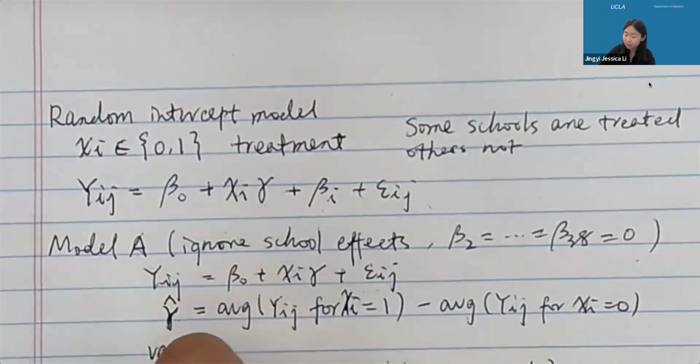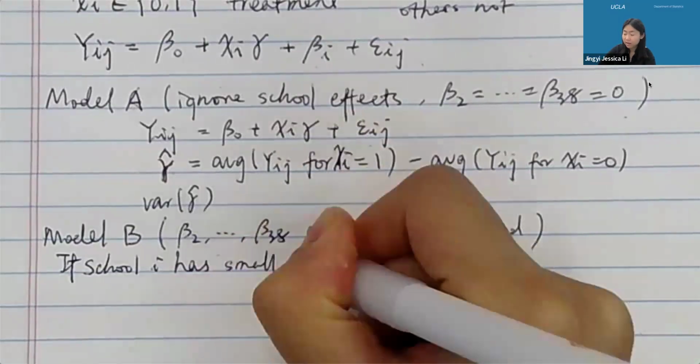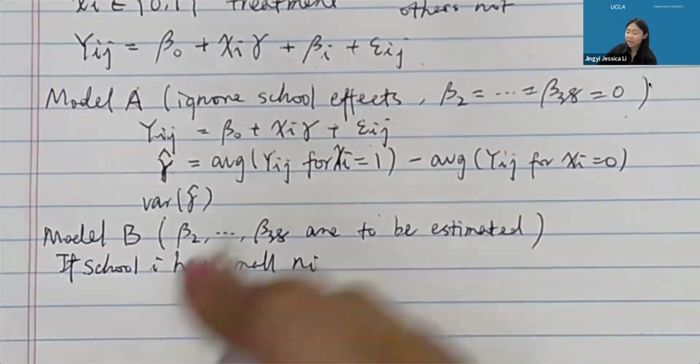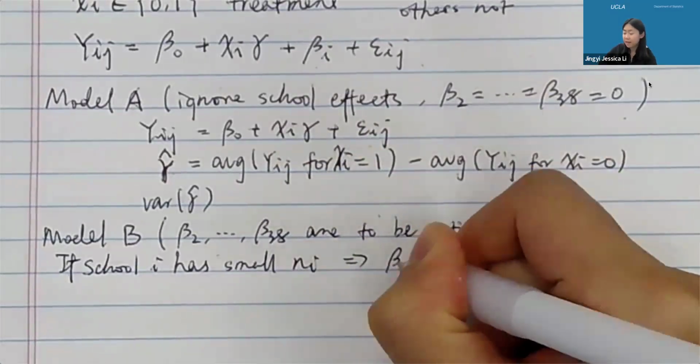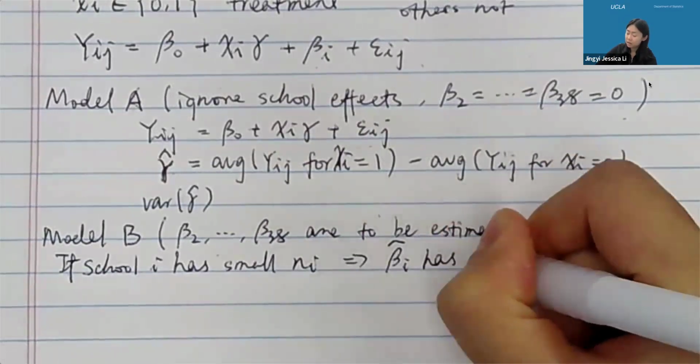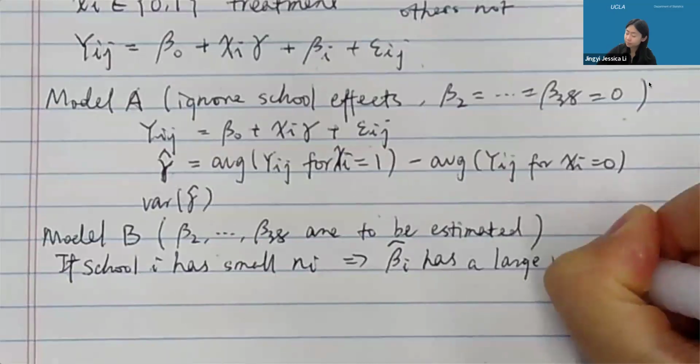If school i has a small ni, if school i has a small sample size, then this beta i hat has a large variance. It's just unstable.